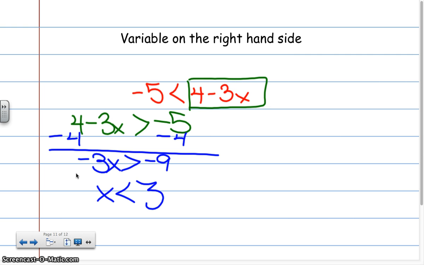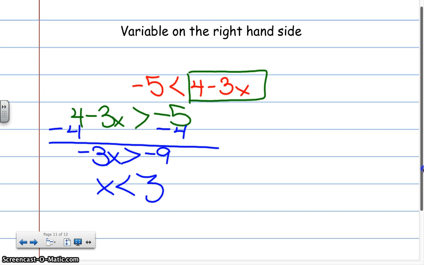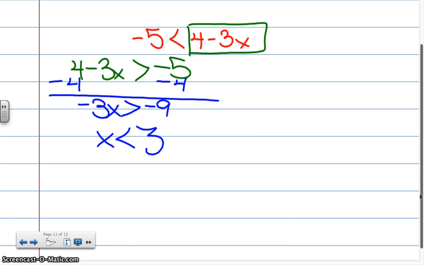Okay, we're going to do another one. I want you to do negative 14 is less than 7x minus 7.